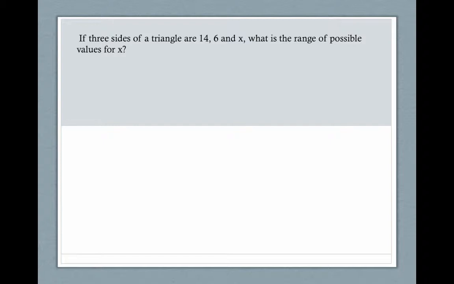Now we have that three sides of a triangle are 14, 6, and x, and we want to know the range of possible values. Remember, the rule applies to every selection, so 14 plus 6 must be greater than x. So we get x is less than 20, that's the first statement. 14 plus x must be greater than 6, and 6 plus x must be greater than 14.